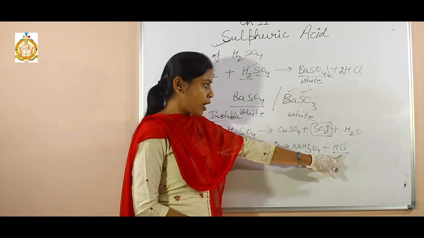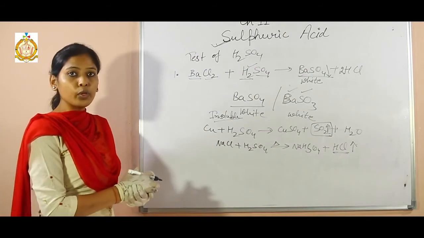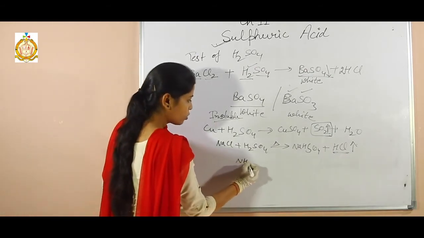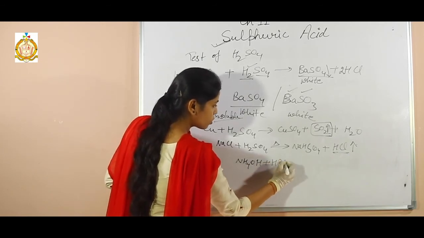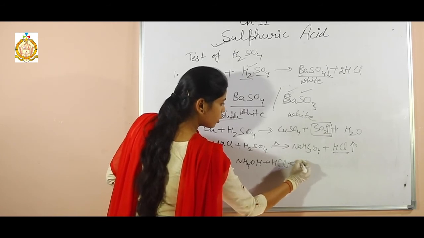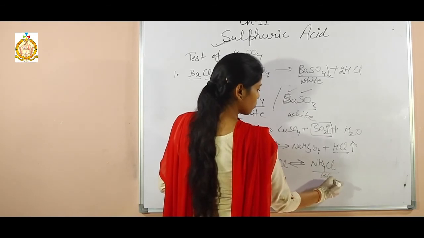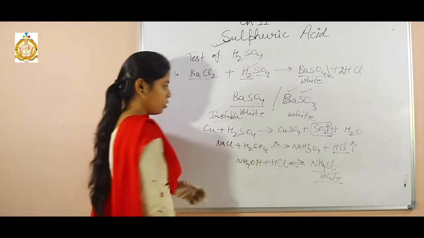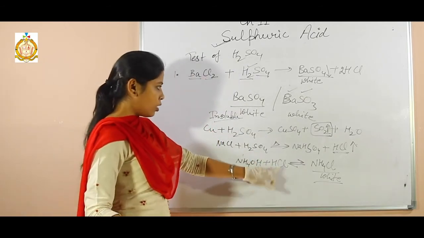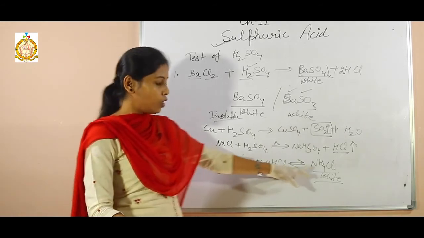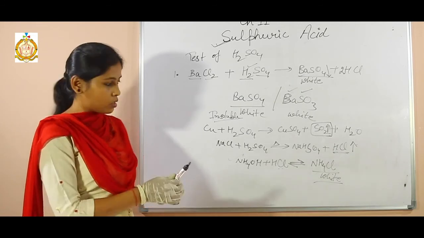When you pass this gas through ammonia solution, ammonium hydroxide, NH4OH, you will observe dense white fumes of ammonium chloride. You are very much familiar with this reaction. So this is another test.